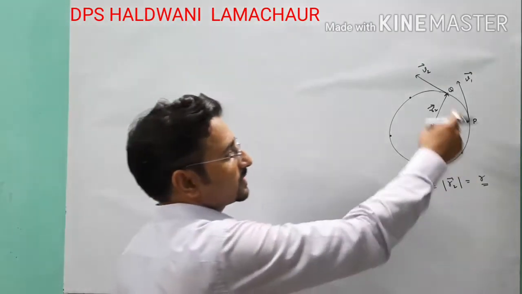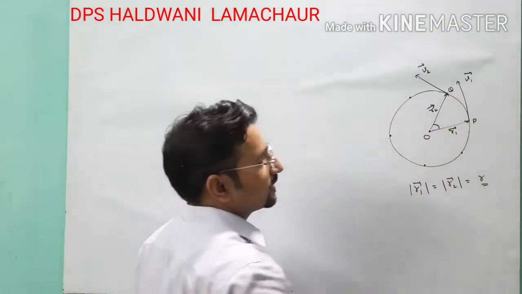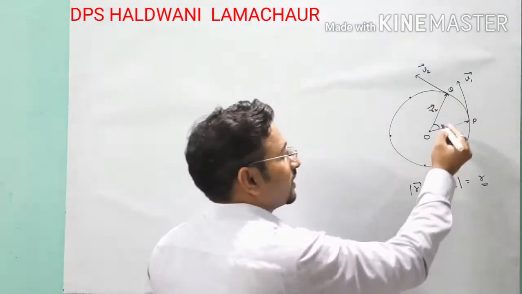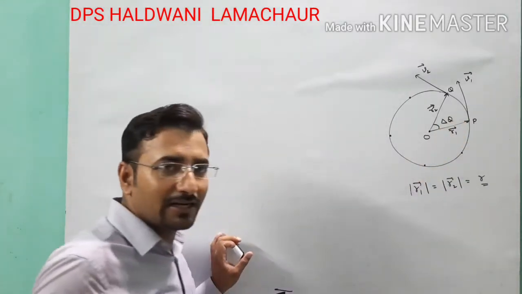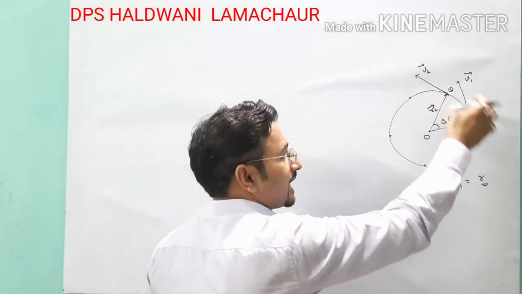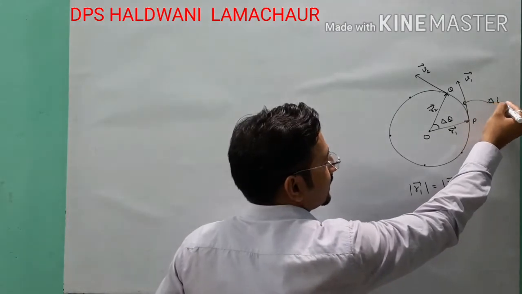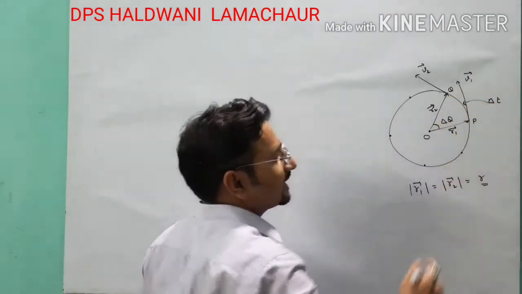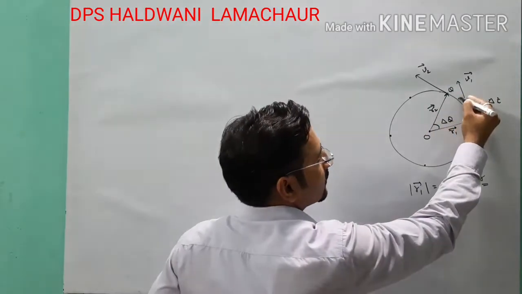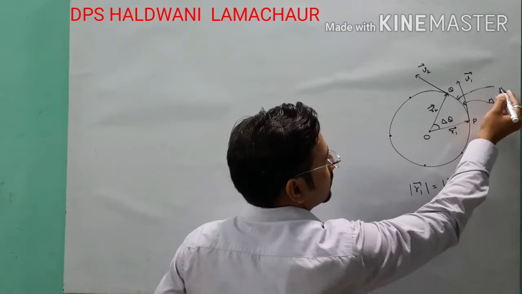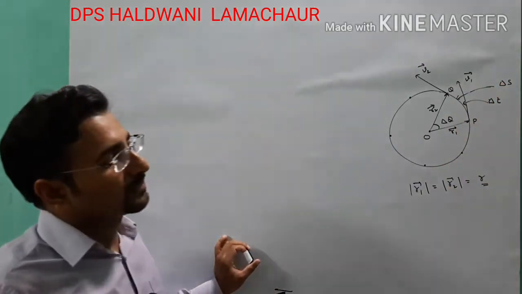And when the object is in uniform circular motion, suppose it makes an angular displacement delta theta for the time interval from P to Q, which I considered as delta t, and I can consider the linear displacement from point P to Q, which is del S or del X also.